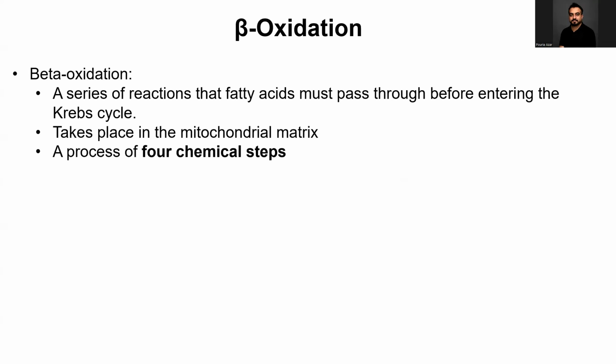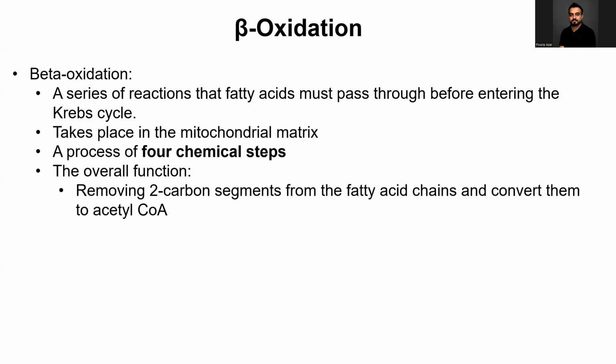It's a process of four chemical steps. The overall function is to remove two carbon segments from fatty acid chains and convert them to acetyl-CoA. Remember, I said acetyl-CoA is a two carbon compound. So when we remove two carbon segments from fatty acids, those segments can be converted to acetyl-CoA.